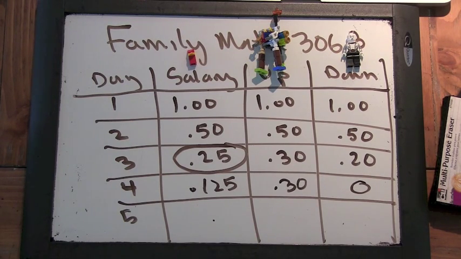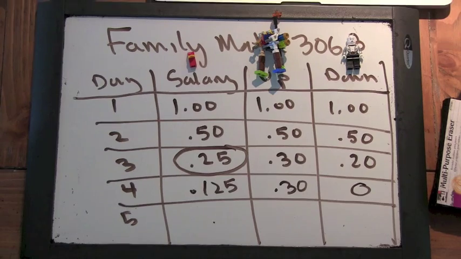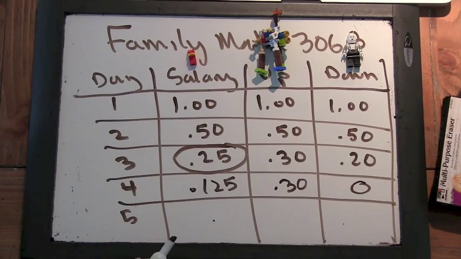Well, that's 0.0625, and then plus 0.250. That's 0.3125, minus 0.25. Which is what? It's 0.31.